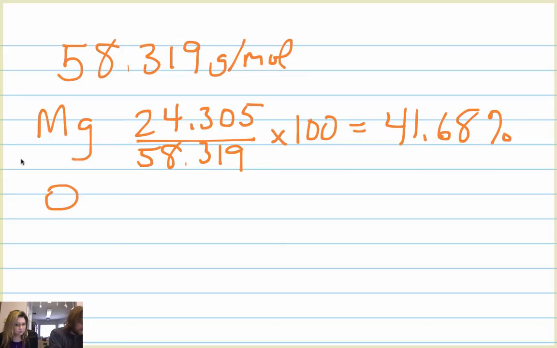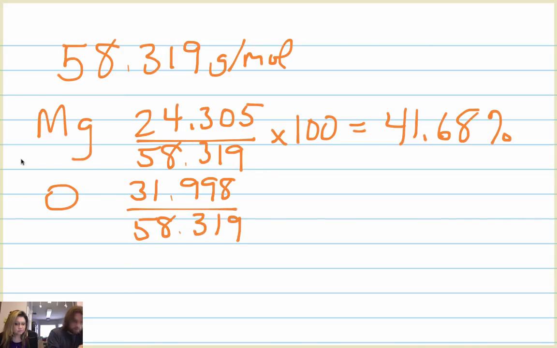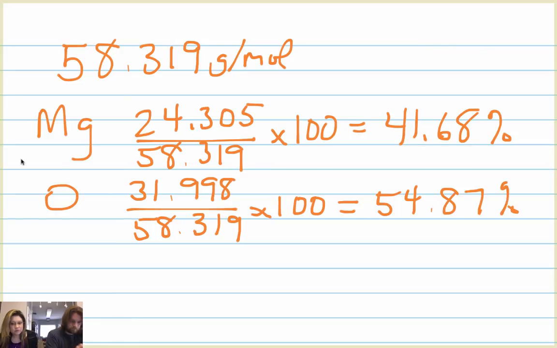Okay, let's go ahead and do oxygen next. We had 31.998 as the part, divided by 58.319, which was the whole, times 100 to get a nice percentage. It's 54.87. And you want to use 2 decimals so that it all adds up to close to 100%.